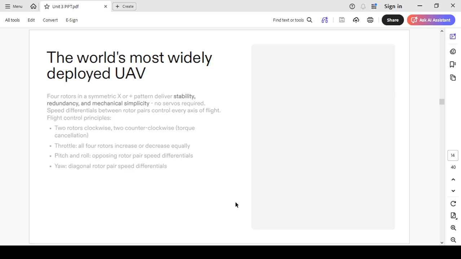If I want to come back, I will reduce the speed of the back two motors. Similarly, sideways, if I want to move left, I will reduce the speed of the two adjacent left motors and increase the right side motors. Vice versa for the right side.